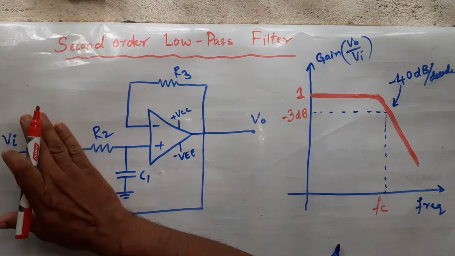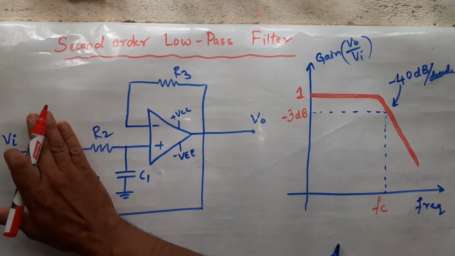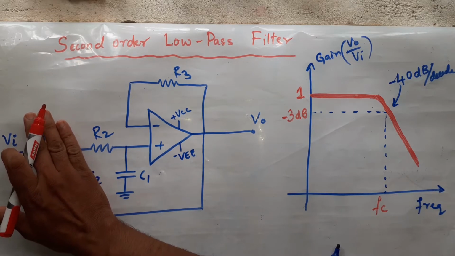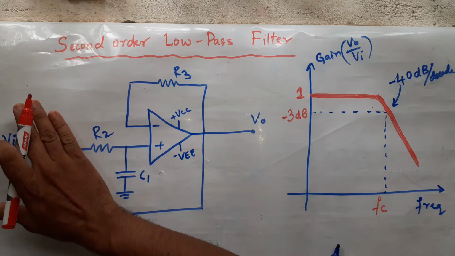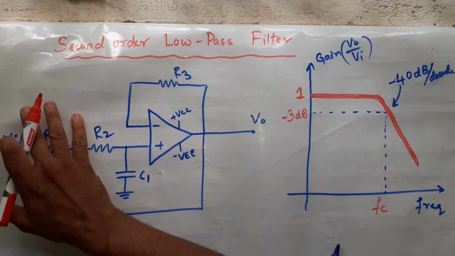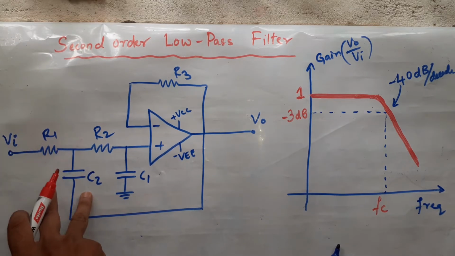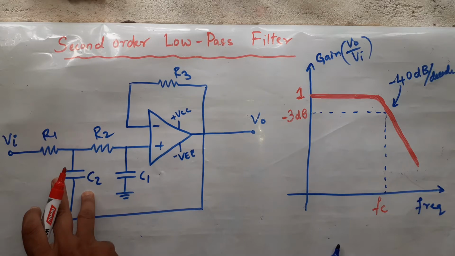If I remove this part, one resistor and capacitor, and there is a feedback resistance, this is your first order low pass filter. If I add this R1 and C2, this becomes second order low pass filter.